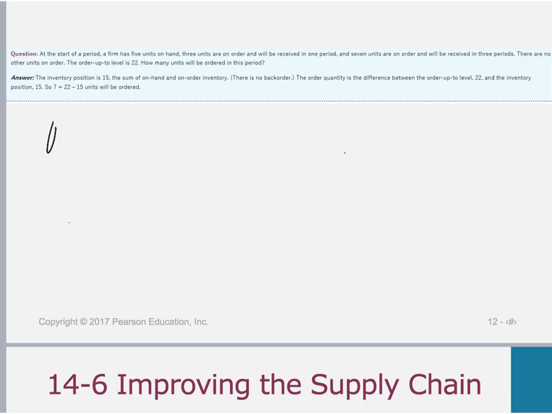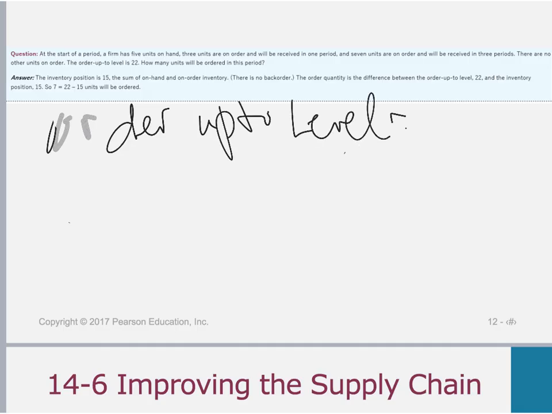Okay? So let's say your maximum order up to level is equal to 22. So that's the maximum inventory you want to have.